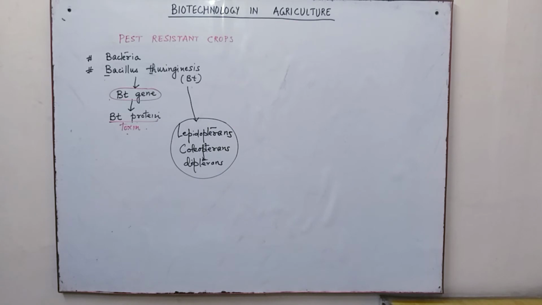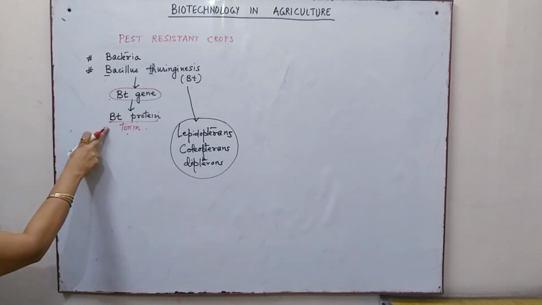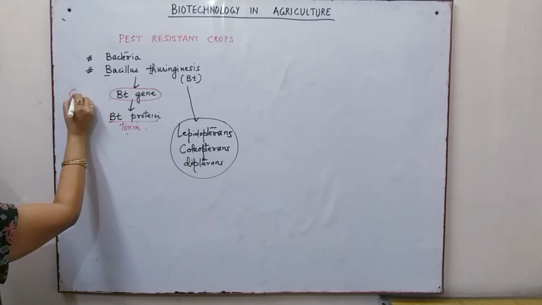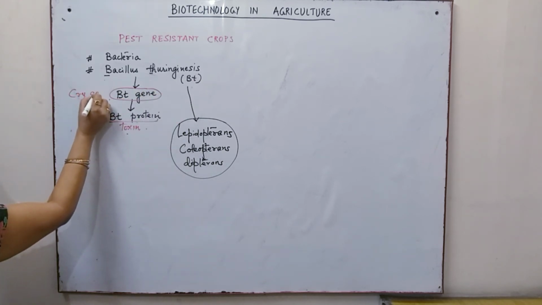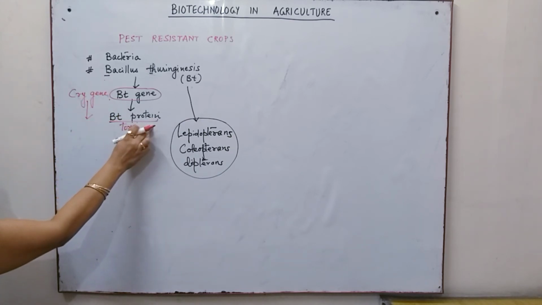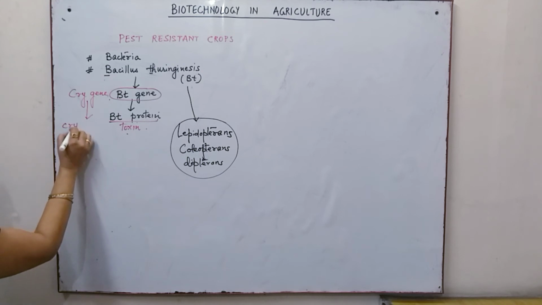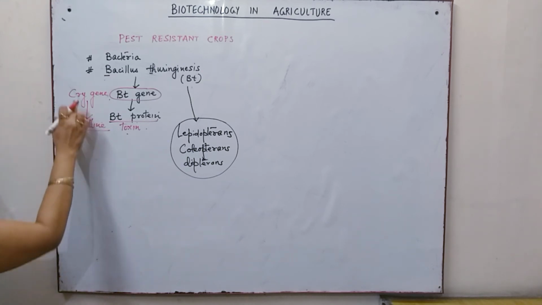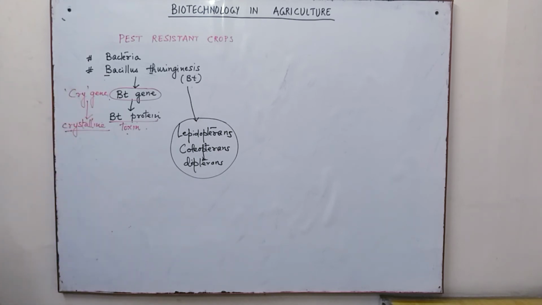The Bt gene will produce the Bt protein. We call this Bt gene the cry gene also, because it synthesizes a protein which is crystalline. This protein is crystal, therefore the name cry gene.